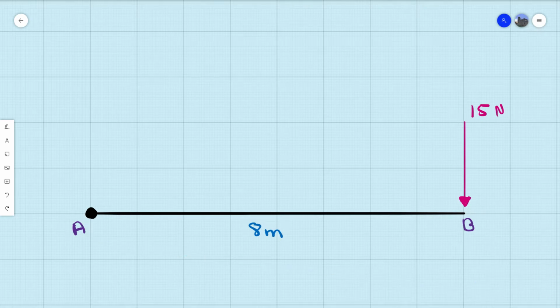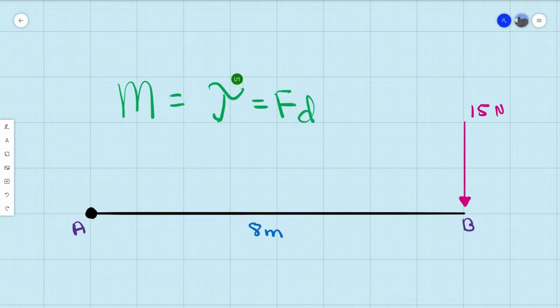The formula for a moment, or a torque even, same thing, depending on what your discipline is, is a force times the distance. And unlike forces, a moment is subjective almost.